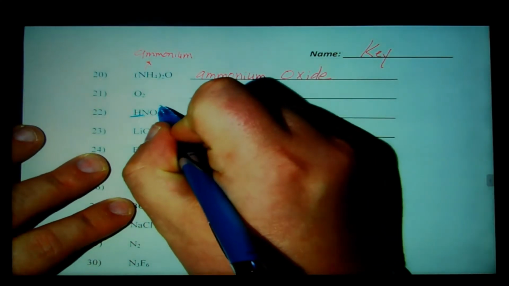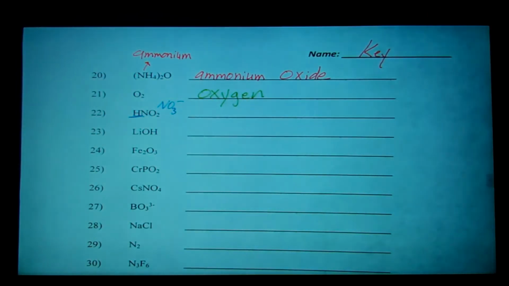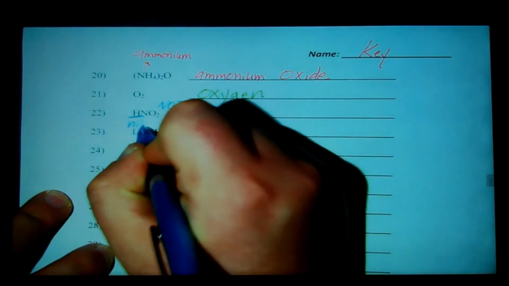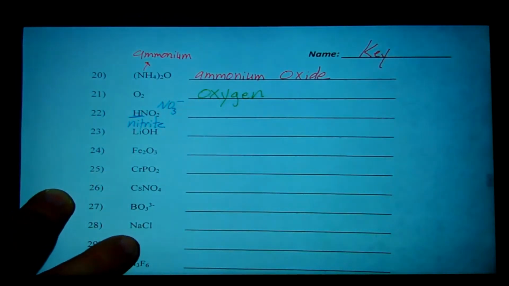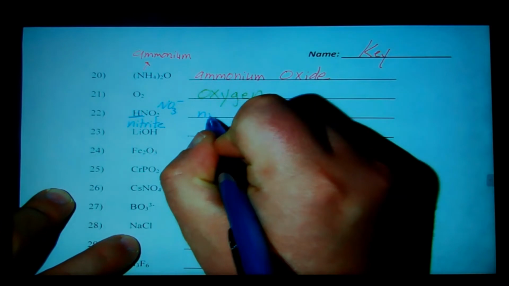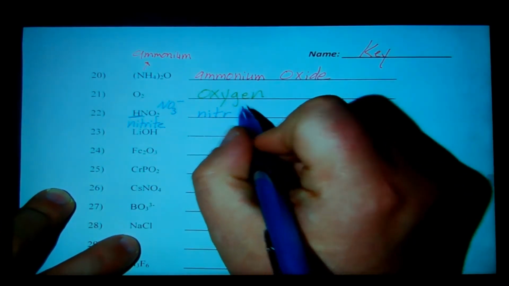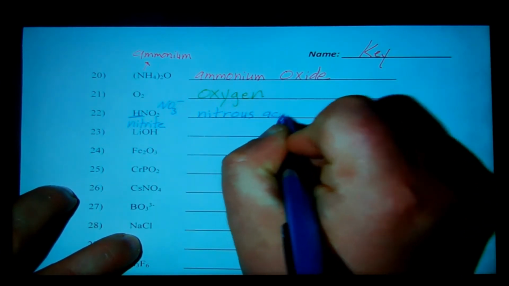And nitrate is NO3 minus. This is 1 less oxygen than the root, which means it's nitrite. So nitrite. And remember, we're making an acid. Take the name, remove the ending. Ite becomes ous, O-U-S, acid.